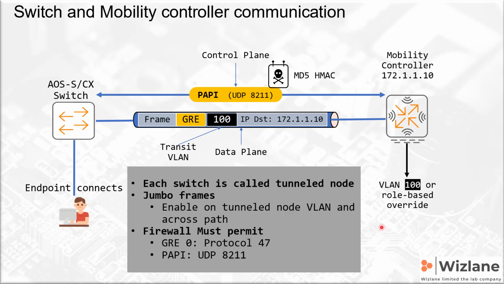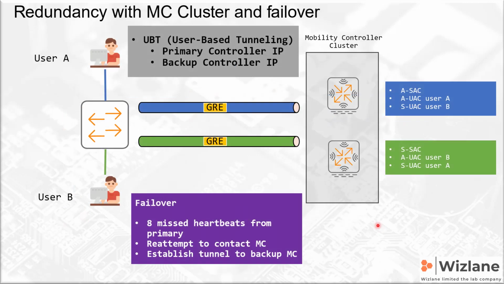At the same time, we are also able to support redundancy. So you might have a case, again, you have multiple users here, and we are performing user-based tunneling, where we have a cluster of gateways or a cluster of controllers.